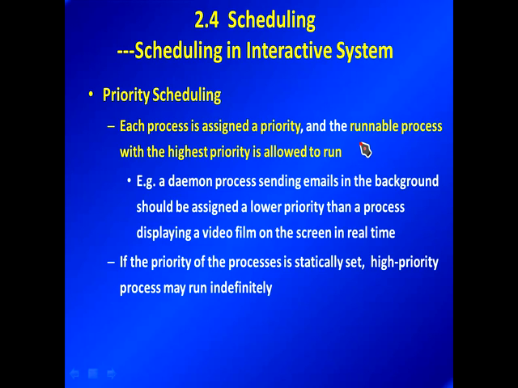So for this situation, we have two basic ways to fix the problem.